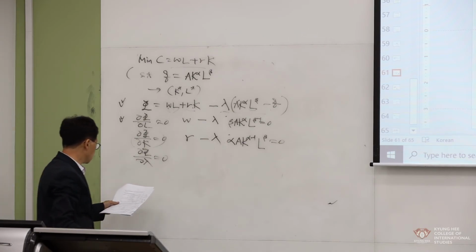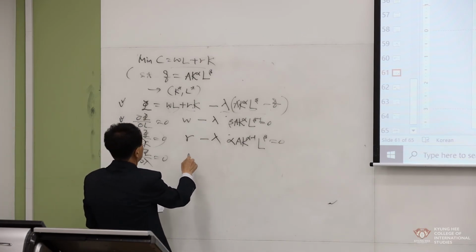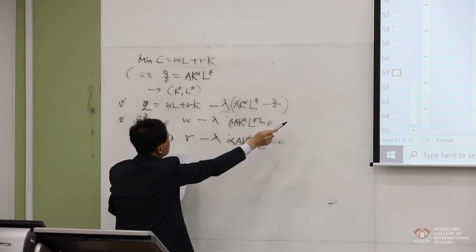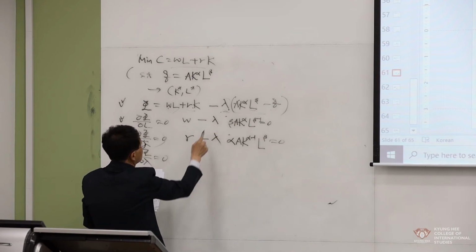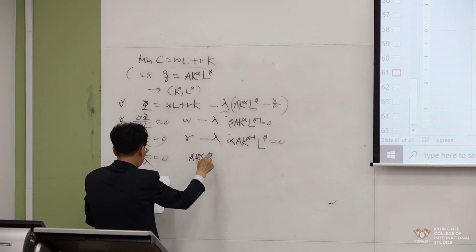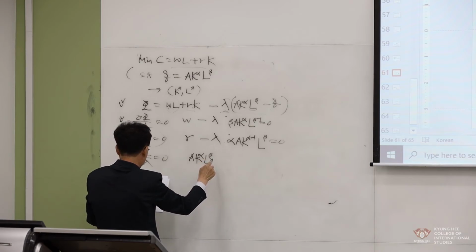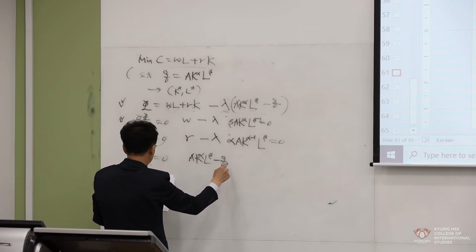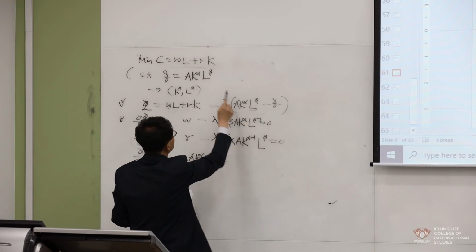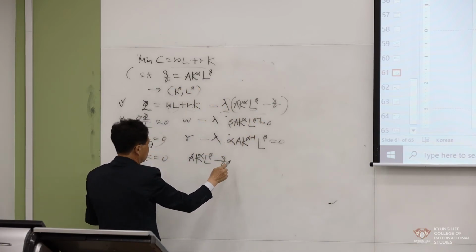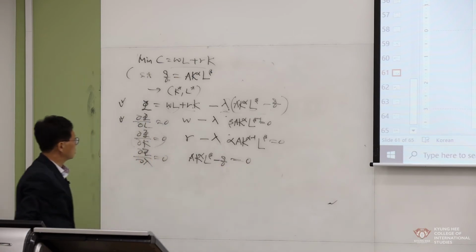And the third condition is, this is variable, that is a constant number. So in that case, what happened? A K alpha L beta minus Q. Q0 is constant, Q is variable, so Q0 in cost minimization. But anyway, this one should be equal to 0.